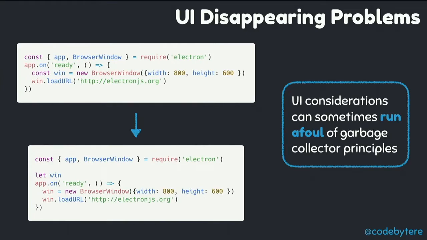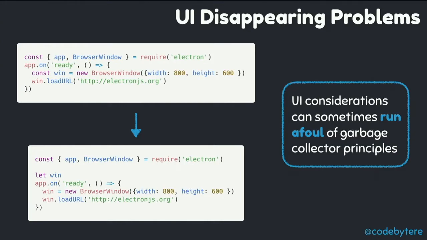For example, instinctively, we might assume that we shouldn't collect any given piece of UI, like a browser window, until that window has been closed or destroyed. However, since we're using V8's garbage collector, we know that they've reduced the question of whether or not memory should be collected to whether or not an object is still reachable in the runtime.